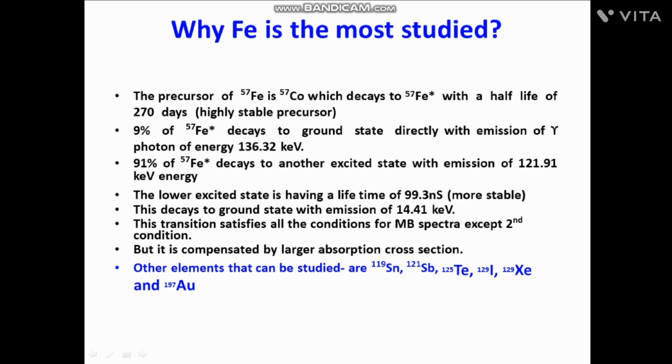Its source is cobalt 57, whose half-life is 270 days, and it decays to iron 57. Since its half-life is 270 days, it's a stable precursor.